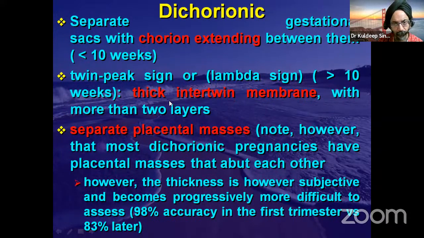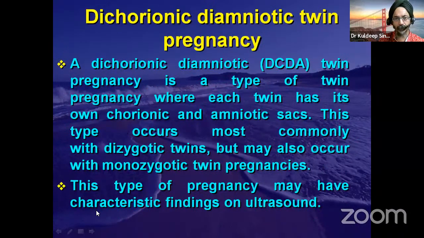And you're looking at a thick inter-twin membrane, more than 2 layers, because we're looking at amnion, amnion, and placenta in between. Separate placental masses. Most dichorionic pregnancies have placental masses that could be close to each other, and they could be abutting each other. Thickness is subjective and becomes progressively more difficult to assess. So in the first trimester, we are always a little smarter in terms of looking at that.